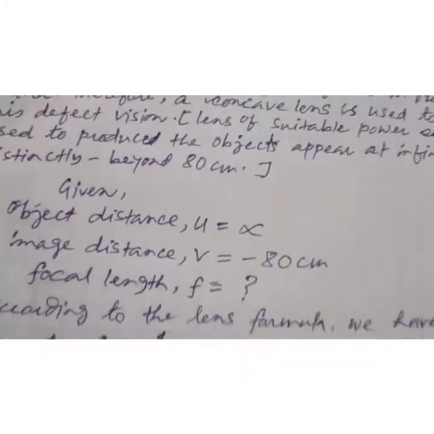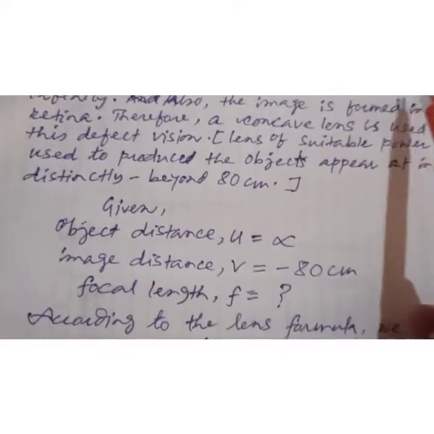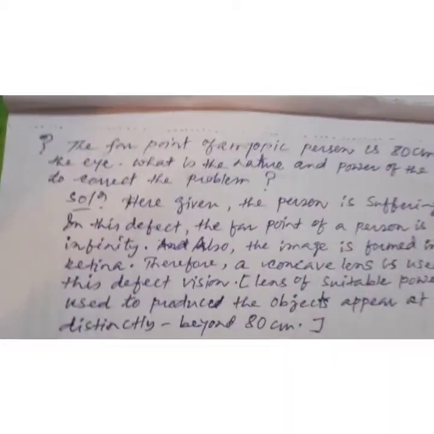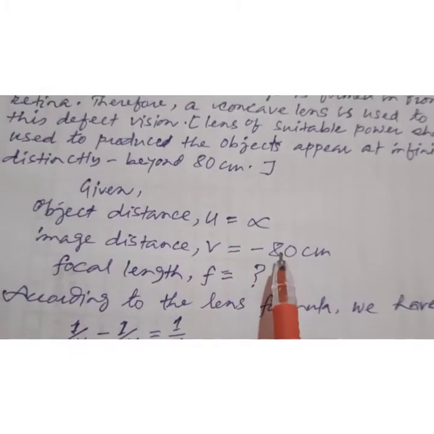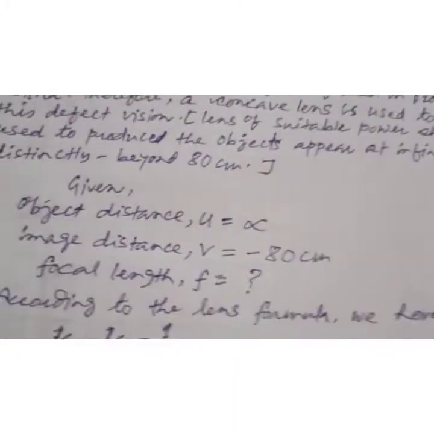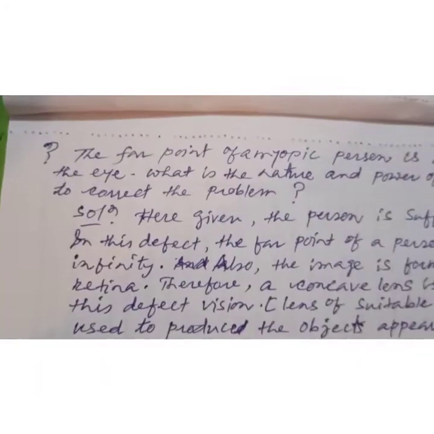So we have to find out the object distance. Object distance is infinity. Image distance is V, V means minus 80 centimeter, and focal length is not given. You have to find out the focal length from the question.